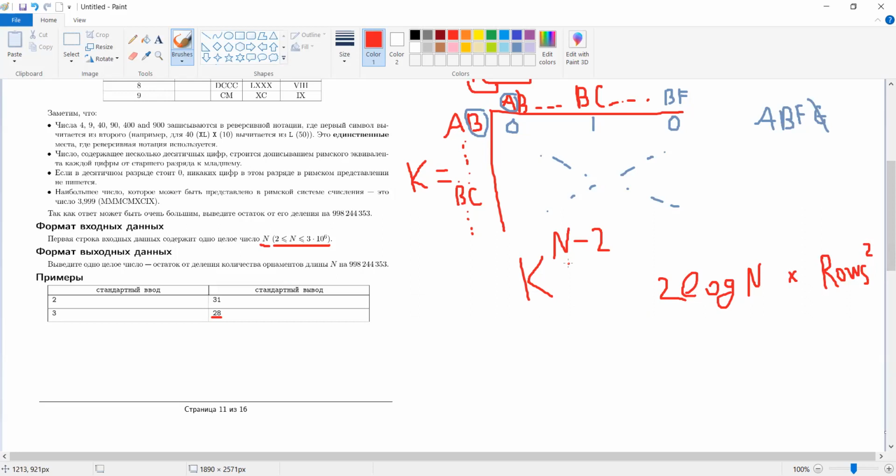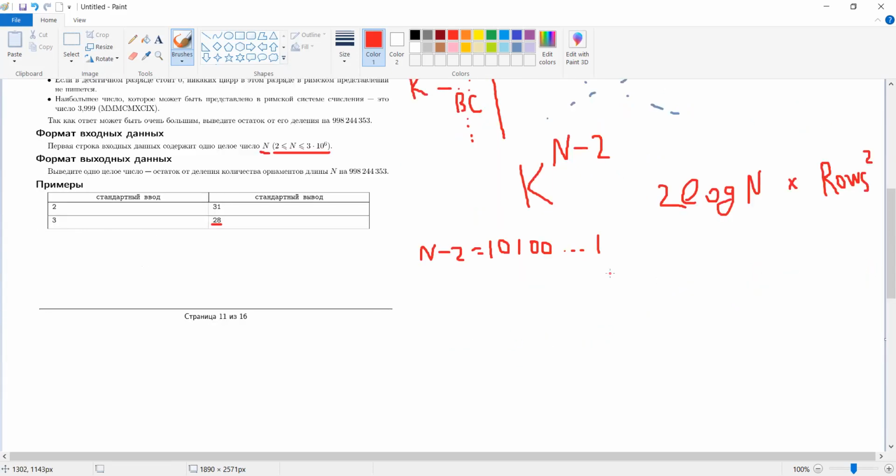So how do we raise to the power using that? Imagine that n minus 2 is some number written in binary form. What we do next, we start with the smallest bit. We put W as K, then the answer as the identity matrix.